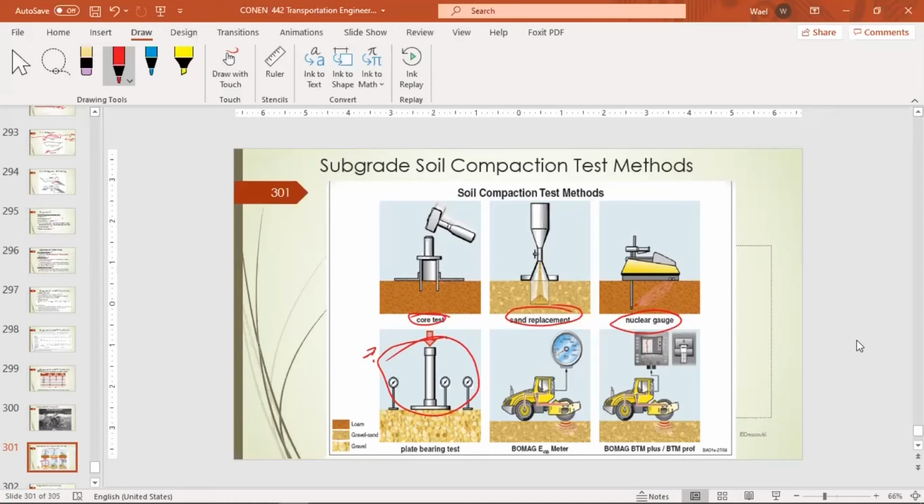The dynamic loading, vibration, both of these are expensive equipment to get. So we are left with these two approaches, the nuclear gauge and the sand replacement. Again, this machine is expensive, and also it has some nuclear radiation, so this is controlled and needs special technicians to deal with.